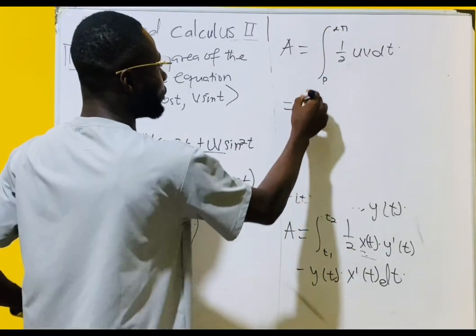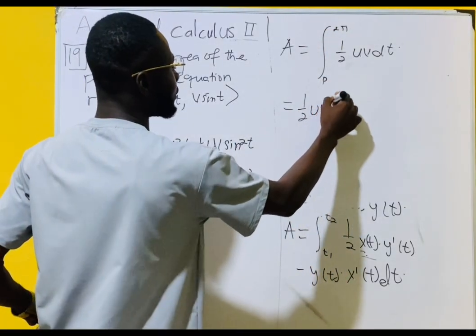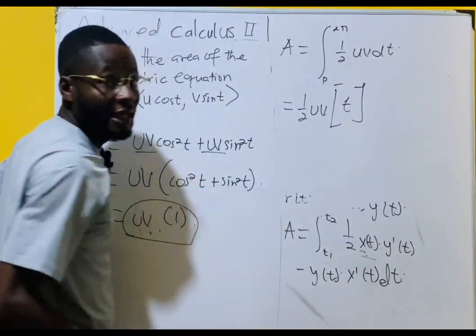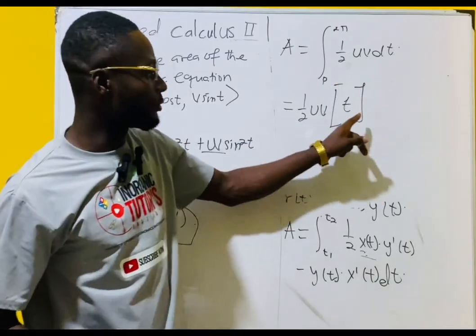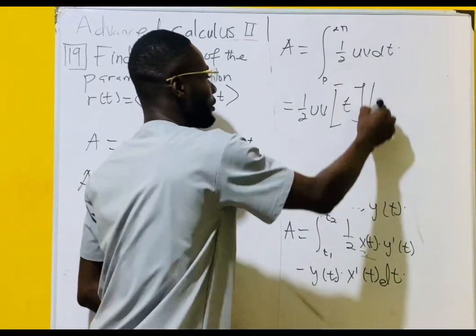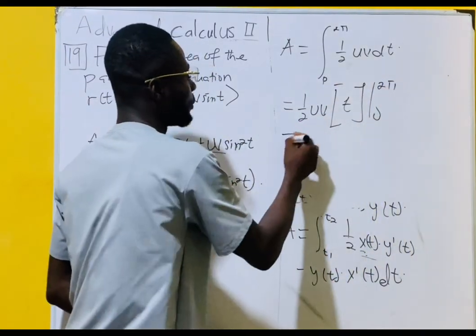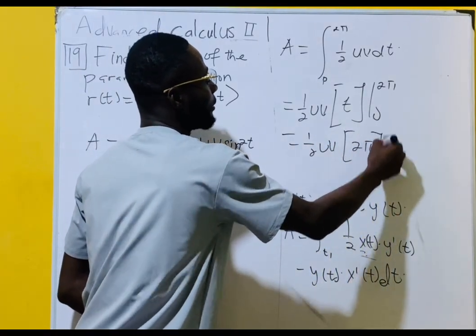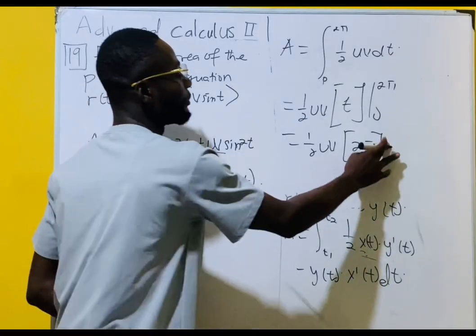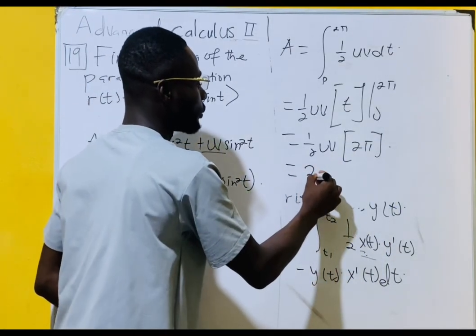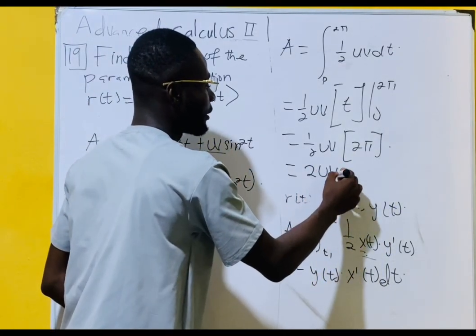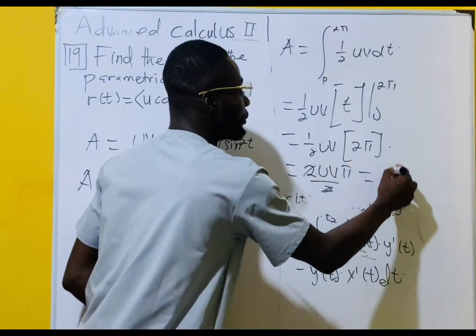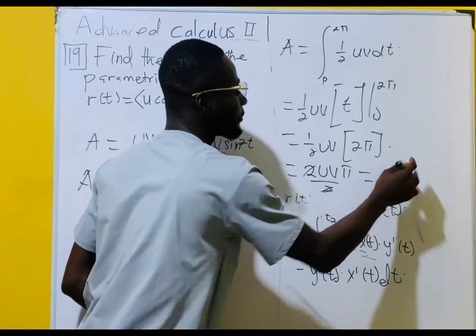So we have half uv, then the integral of 1 dt is going to be t, from 0 to 2 pi. When we do that substitution, we're going to have 2 pi minus 0. So basically we're going to have 2 uv pi over 2. And that is equal to uv pi.